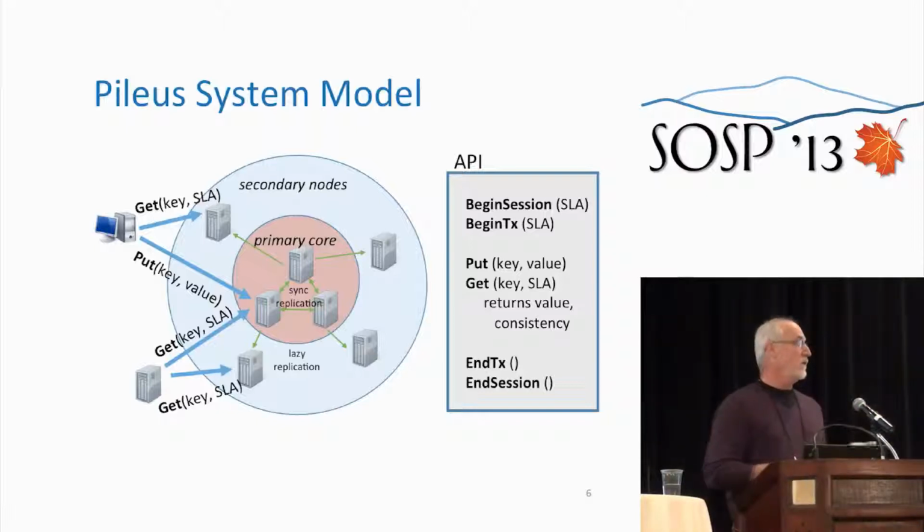For this talk and for the paper, I ignore transactions, and I'm going to focus on the design, implementation, and evaluation of one operation, namely a GET operation that takes a key, fetches data for that single key, and bases that operation on a caller-provided consistency-based SLA.